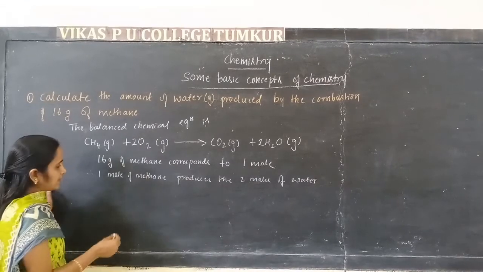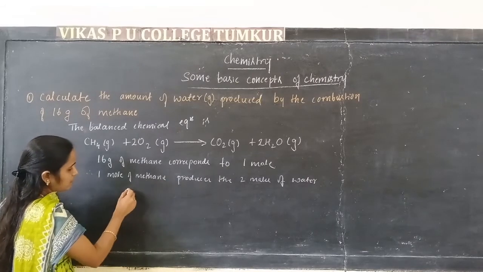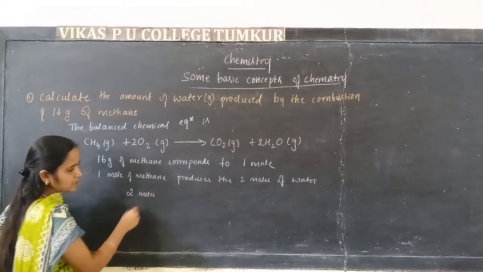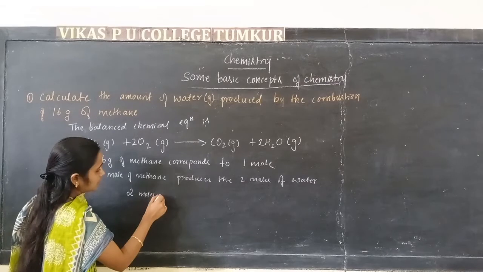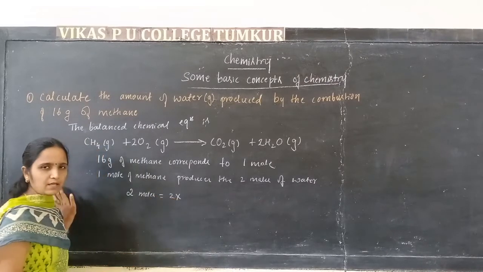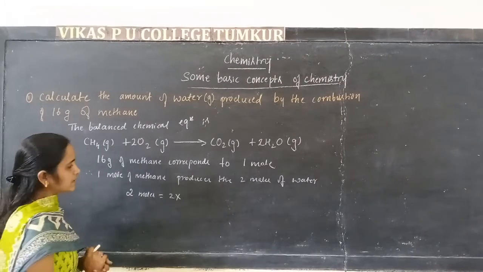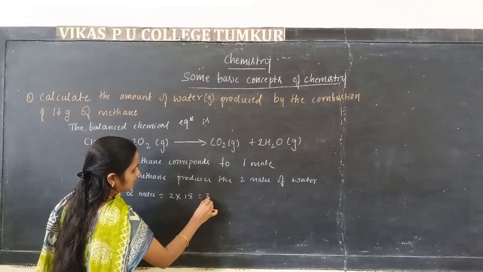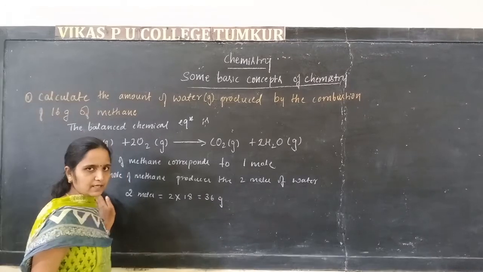Then you can take that 2 moles of water is equal to 2 into the molar mass of water. The molar mass of water is 18, so we get 36 gram.